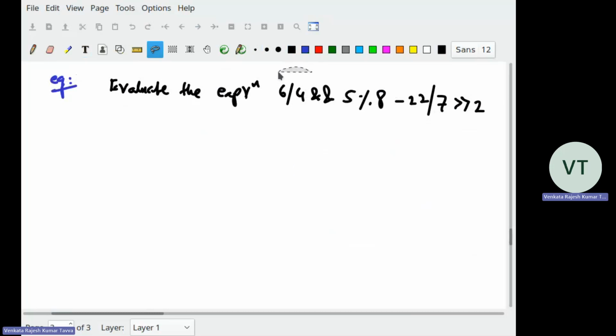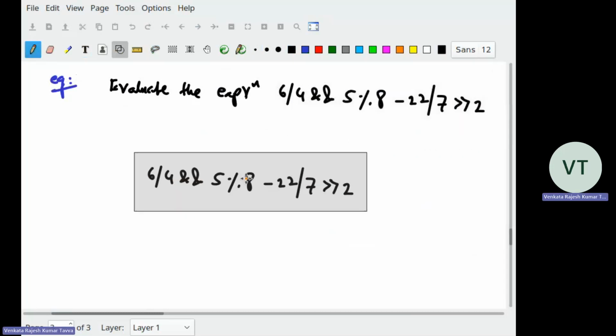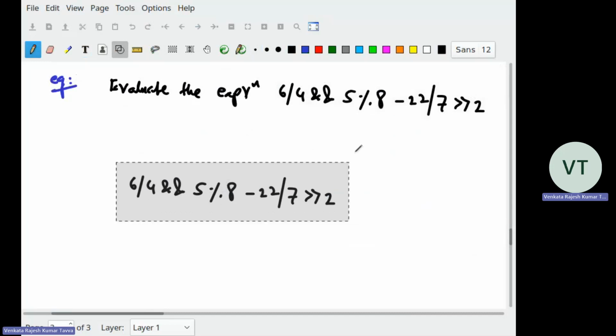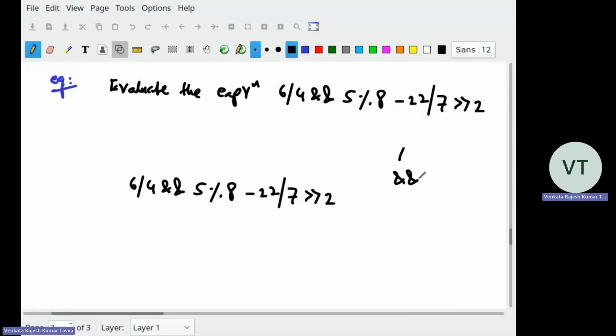Okay, so let me copy this. Now within this, first let me note down all the different operators: division, logical and, then mod, and then binary minus, and division again, so I need not list it again, and right shift operator. So these are the 5 different kinds of operators that are there in this expression.